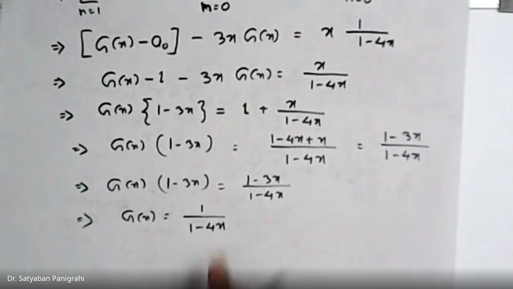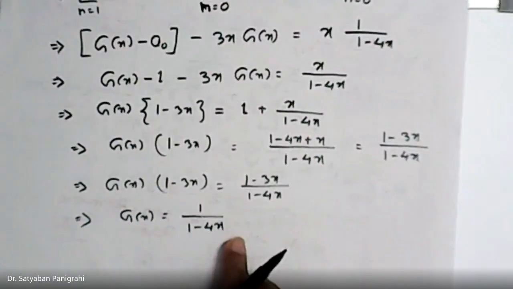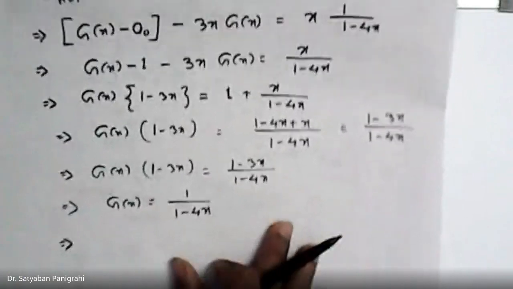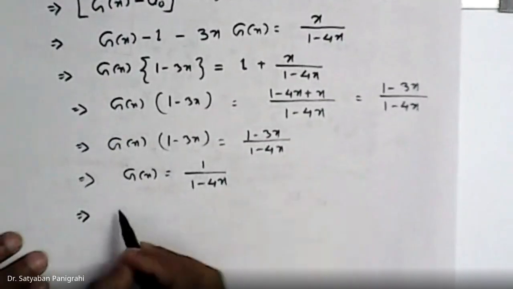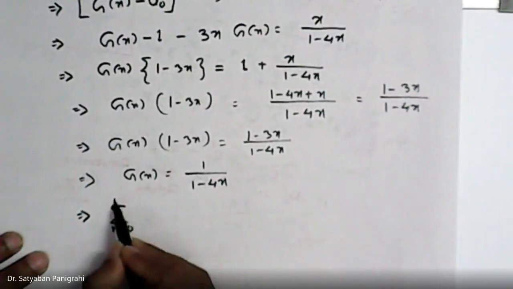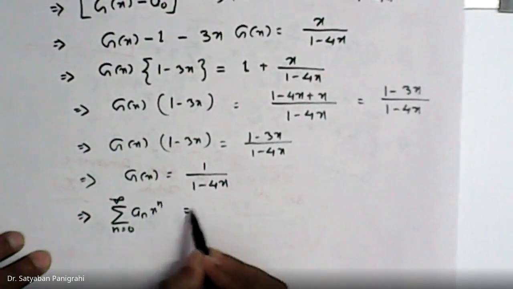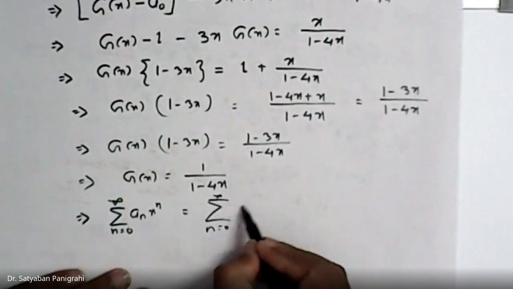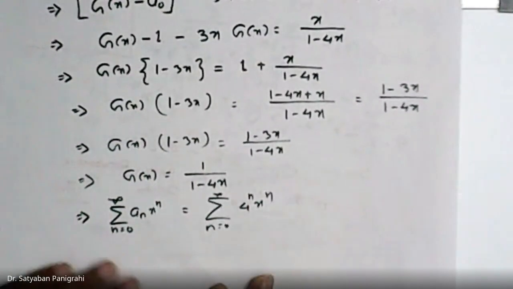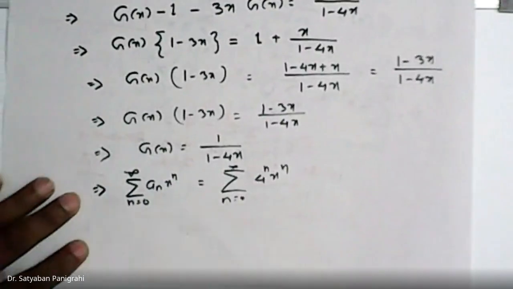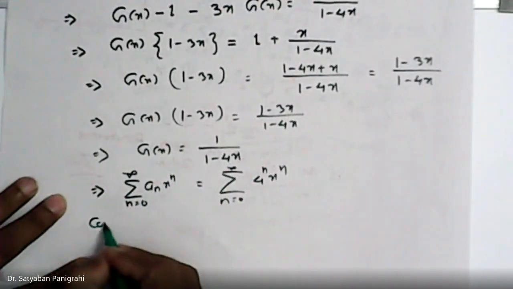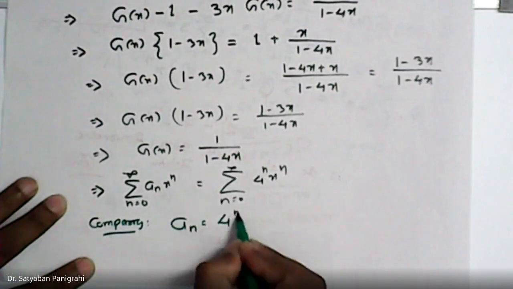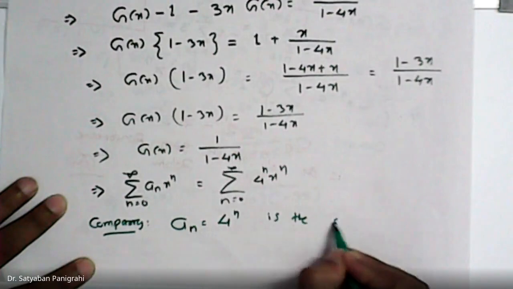As it is a simple form, it does not require any partial fractions. As a whole you can write g(x) as the sum n from 0 to infinity a_n x^n, but this is nothing but the sum of 4^n x^n. So by comparing, I got a_n equal to 4^n as the solution.